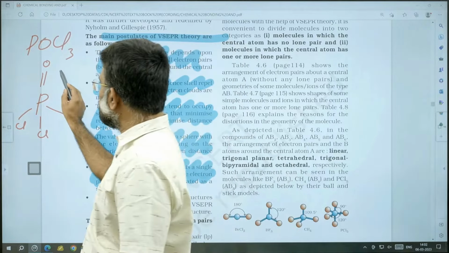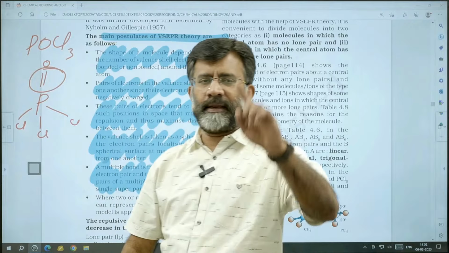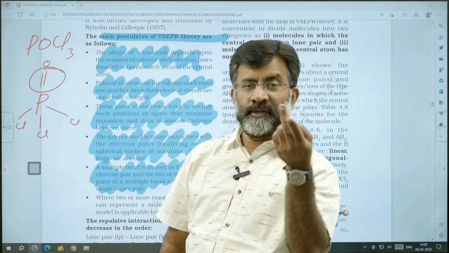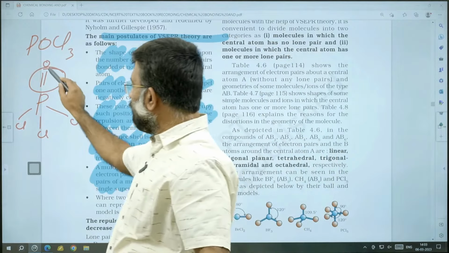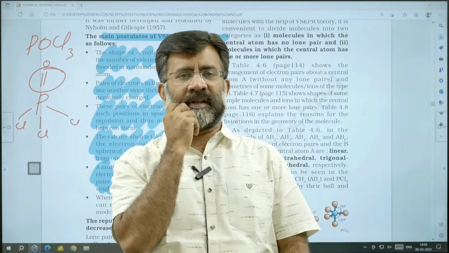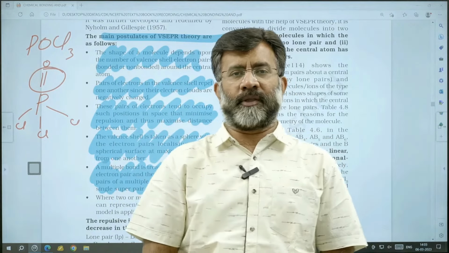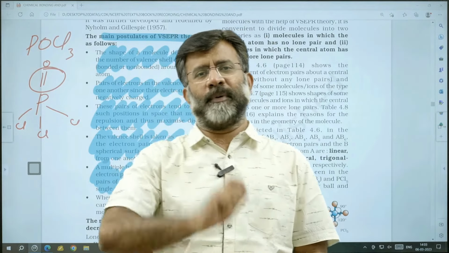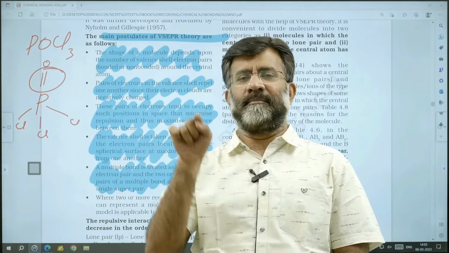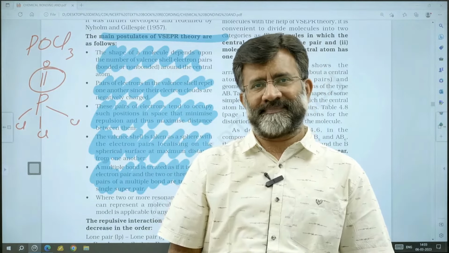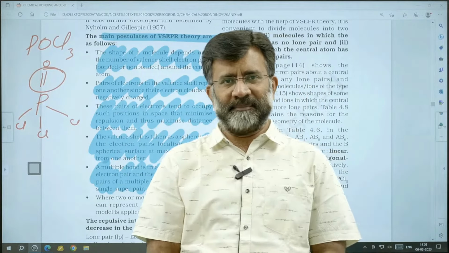The multiple bond is taken as a single electron pair, and we call it a super pair. So it is 1, 2, 3, 4. These 4 electron pairs surrounding the phosphorus decide the shape of the molecule, which is the very popular tetrahedral. So the shape of the molecule is decided by the number of electron pairs around the phosphorus atom. Hope you get the picture, right?